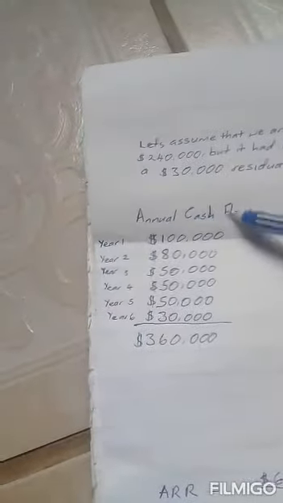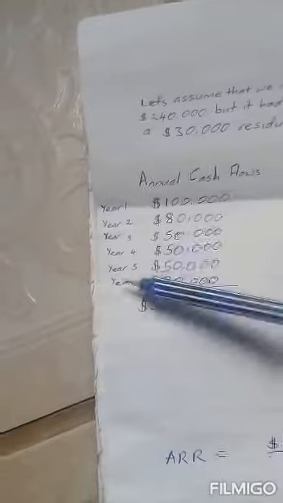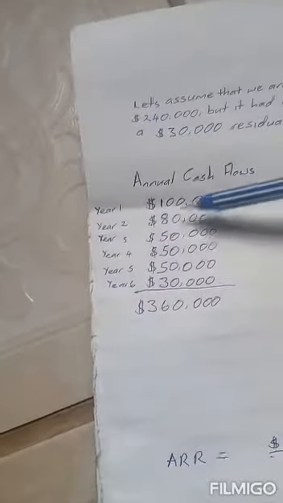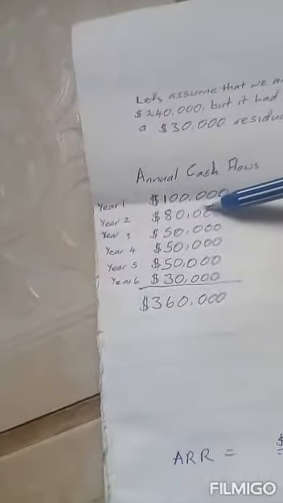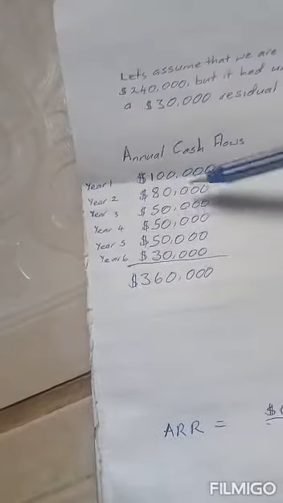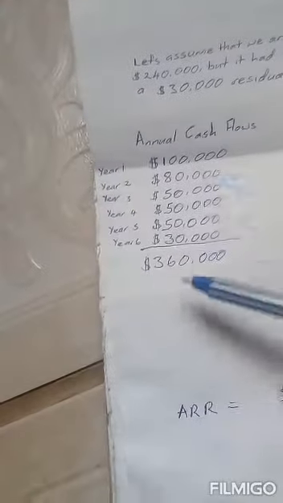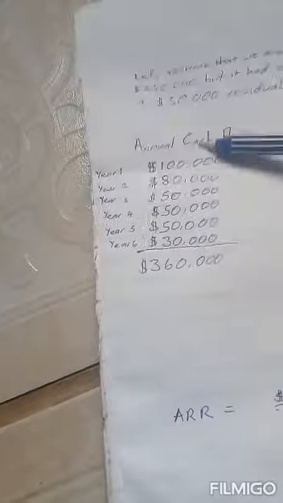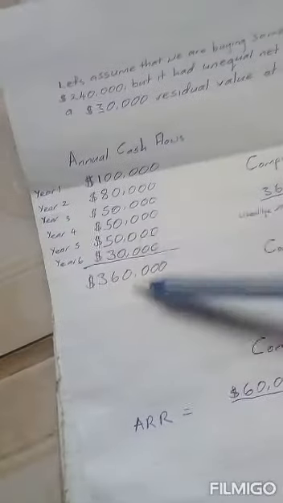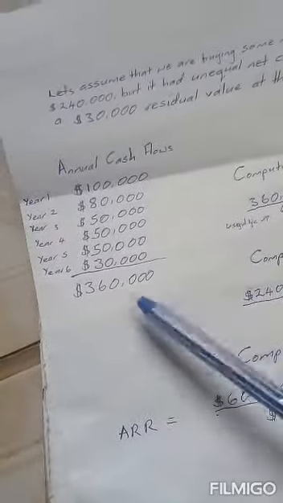Here are our annual cash flows. First year we've got 100,000, second year we've got 80,000, third up to the sixth year, and the total sum of our cash flows is 360,000.